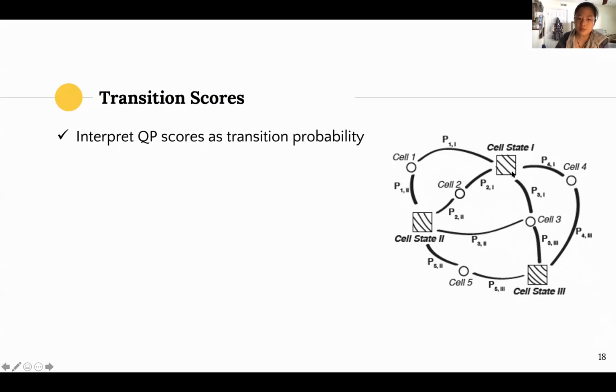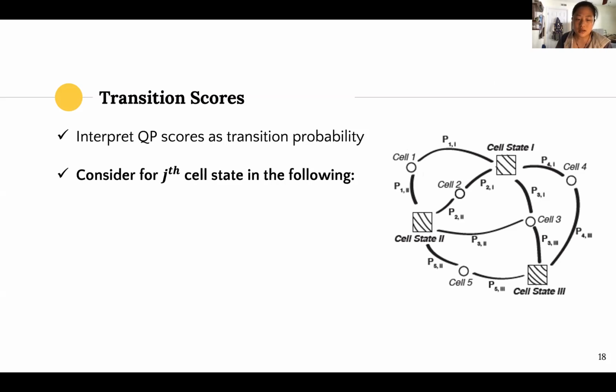We are interpreting the quadratic programming score as the transition probability, that is, how likely one cell is to transition into one cell state. The transition score here is actually measuring each cell state instead of each cell.